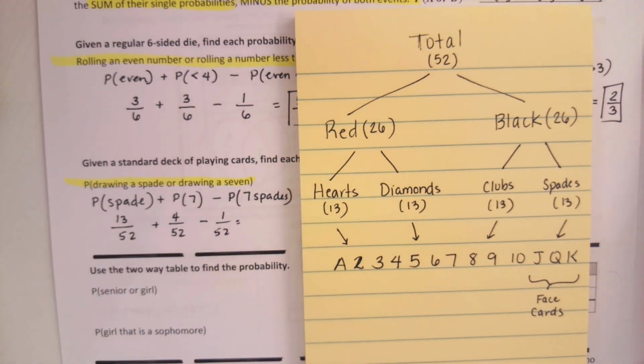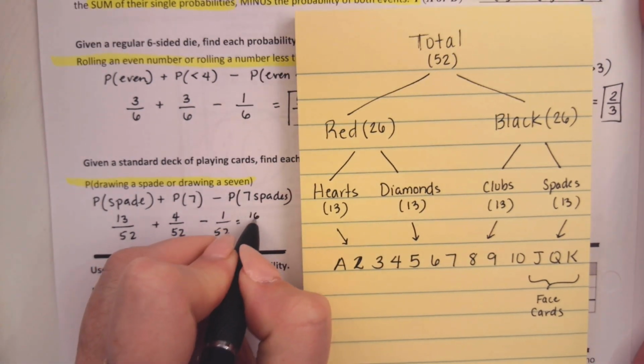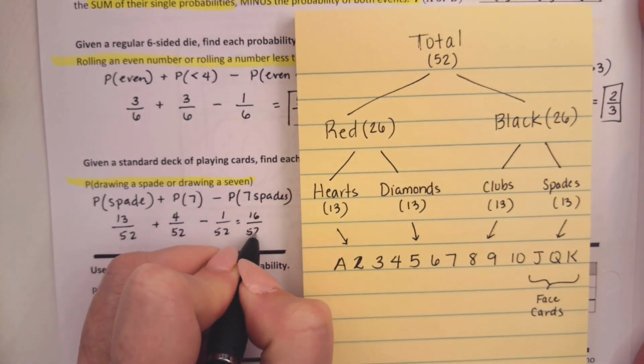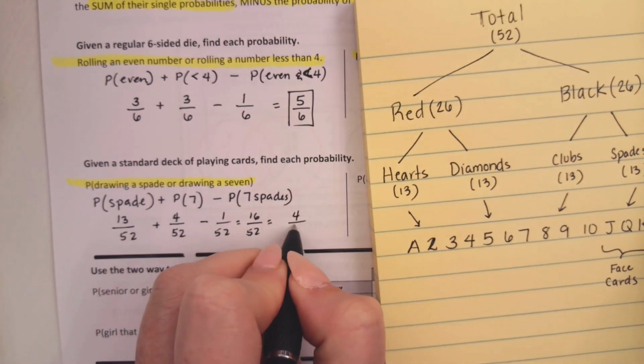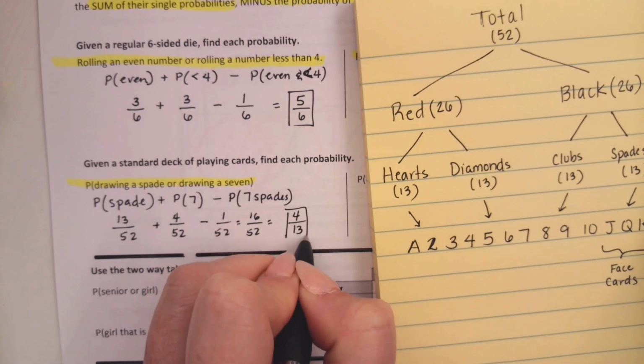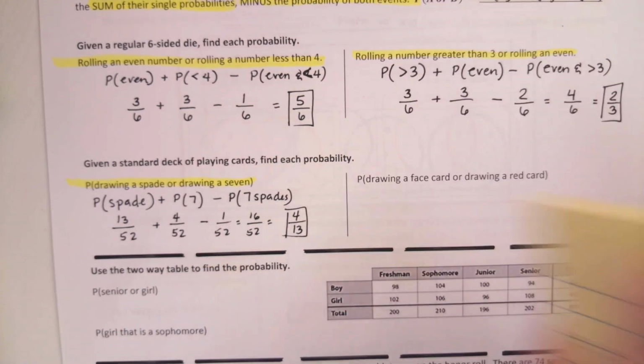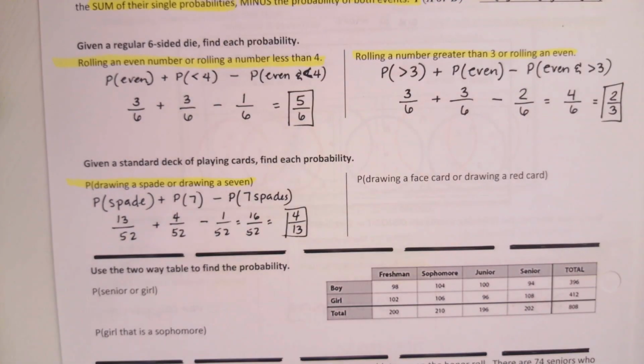So let me see. That would be 17 minus 1, which is 16 out of 52, which again, those should both be divisible by 4. 4 over 13. I know, a lot of these will be very similar, because a lot of the card amounts are the same.